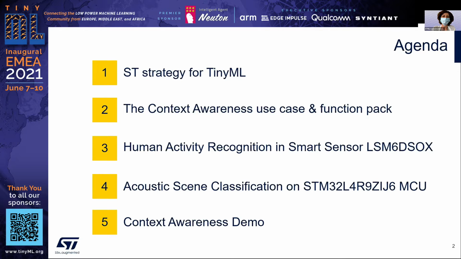The second algorithm is a neural network, the acoustic scene classification, running on an MCU, the STM32L4. Last but not least, we will show you a very short demo about this context awareness, and we hope you will have all the possibility to experience such an AI distributed solution from ST Microelectronics.